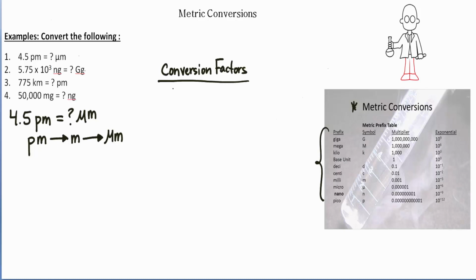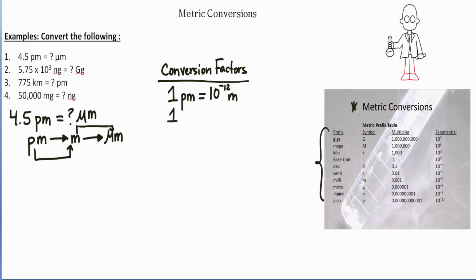As I stated in class, 1 will always go with your metric prefix. The metric prefix is pico. The exponential goes on the other side of the equal sign. Pico means 10 to the minus 12. So 1 picometer is 10 to the minus 12 meters. And that's the first conversion.